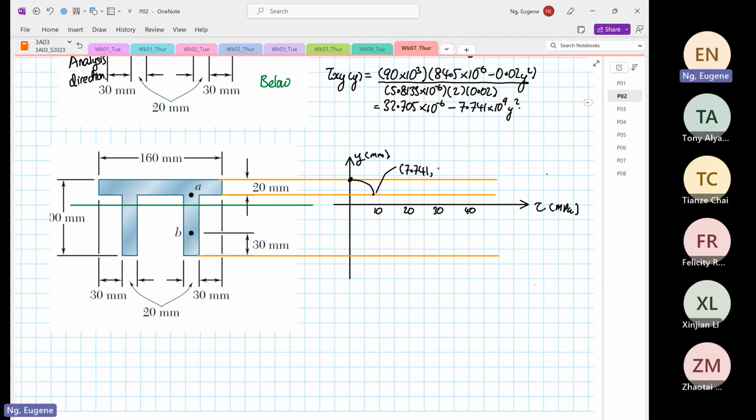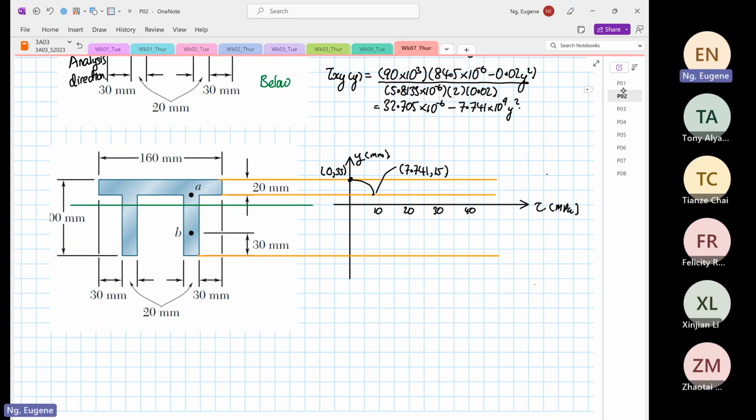And the y distance is 35 millimeters. No, this is not 35. This is 15 millimeters. So this is 0 and 35, then it stretches itself, right?